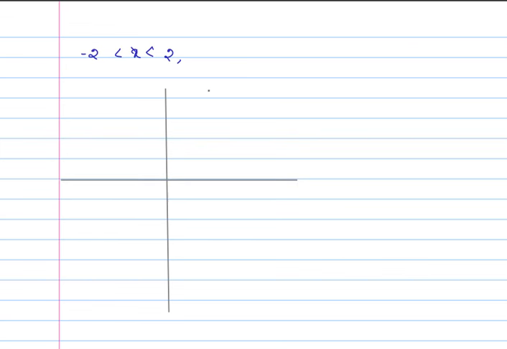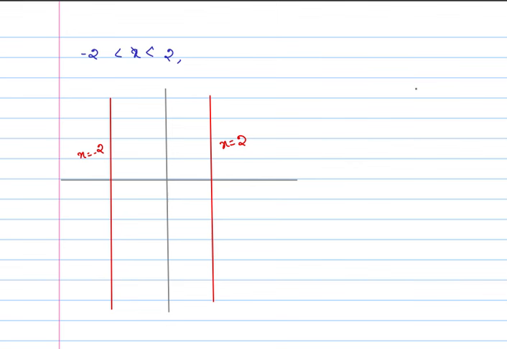This is the line x equal to 2, and this is x equal to minus 2.